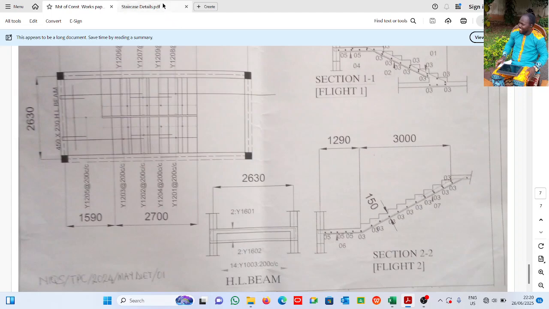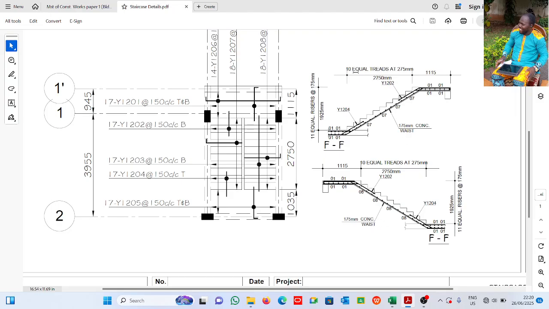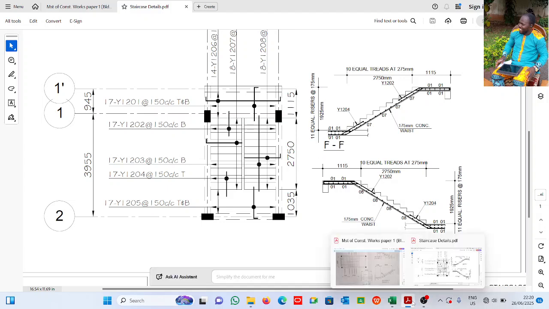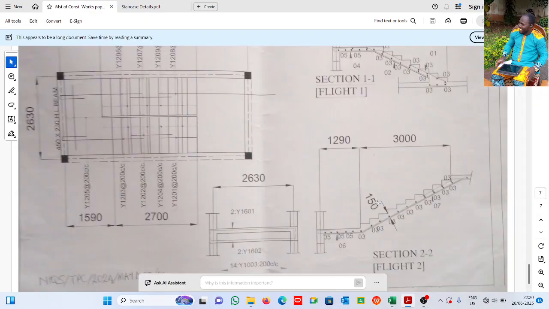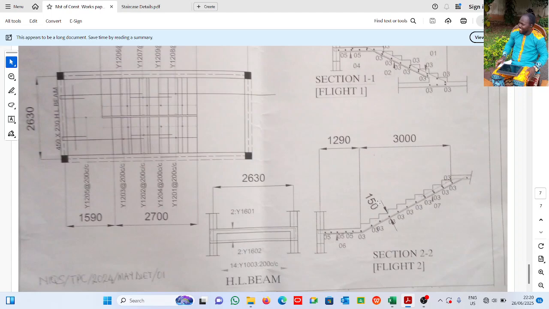Let me show you a clear example here. Say here we have 10 equal treads, we have 11 equal risers. If I have 9 treads, I'm going to have 10 risers. If I have 8 treads, I'm going to have 9 risers. Here I have 10 treads, so I'm going to have 11 risers.